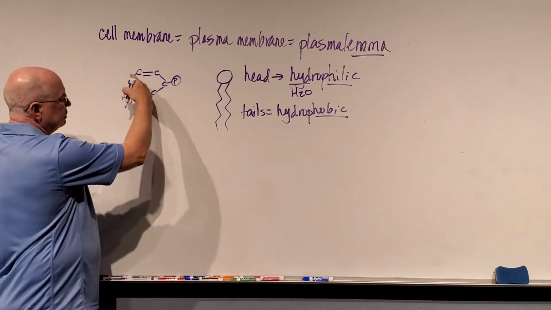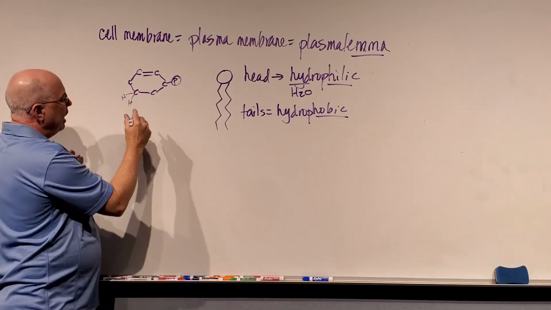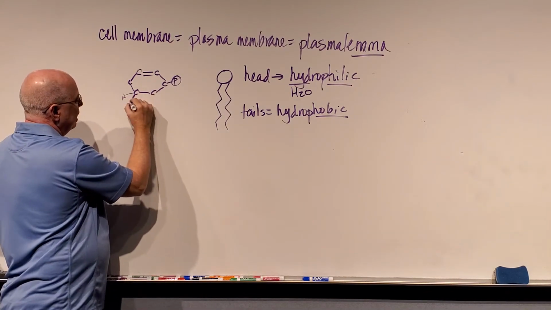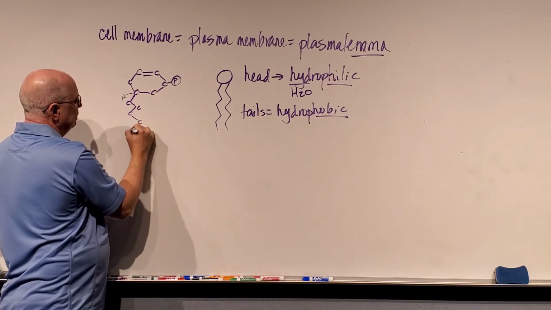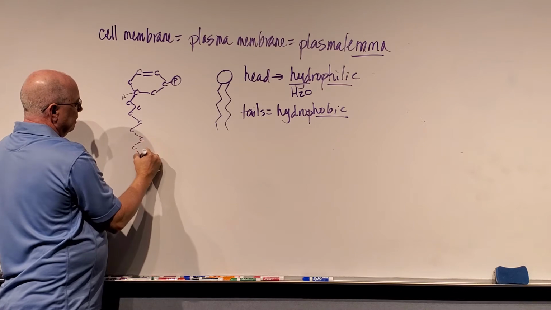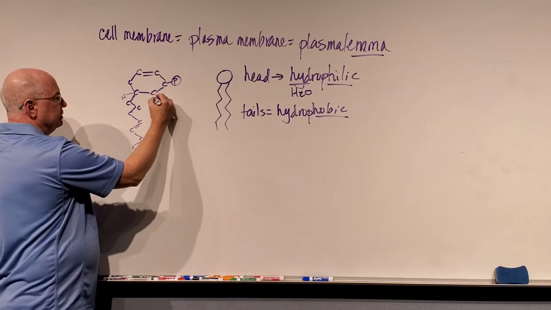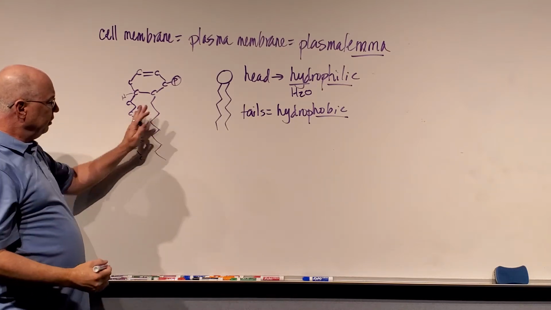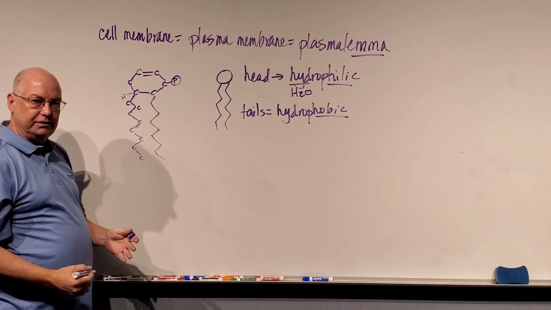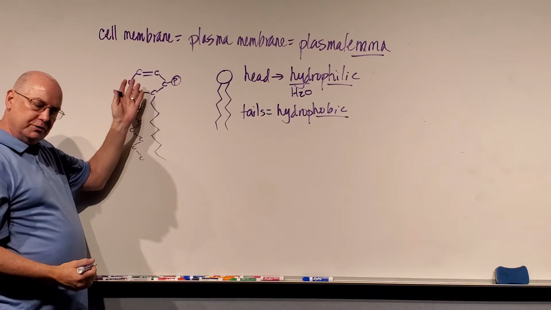So the head is actually a ring of carbon atoms, and then some of these carbons bind to other carbons in these long chains like this. And there's sometimes double bonds and some real unique chemistry. But they're long chains of carbons sticking off. These are hydrocarbons, carbons with hydrogen.